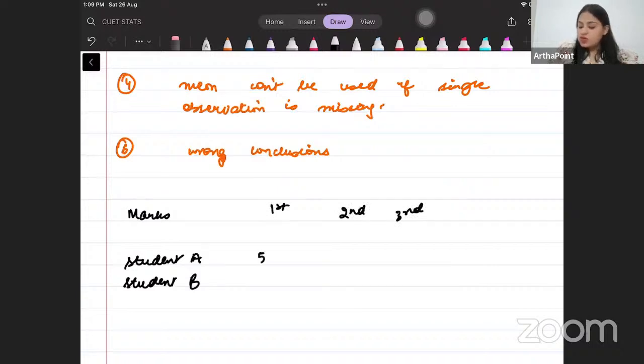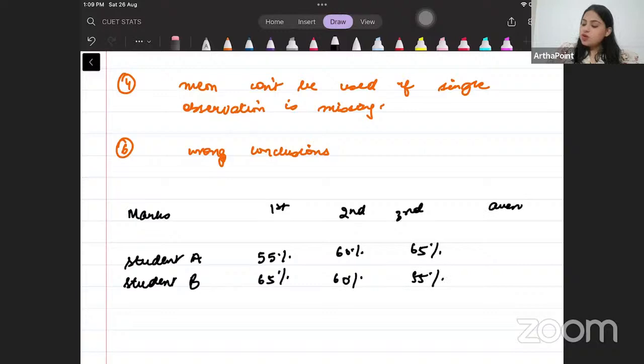And I give you that student A scored 55%, 65%, 60%. Student B scored 60%, 65% and, let's say, 55%. And both of the students on an average have 60% marks.